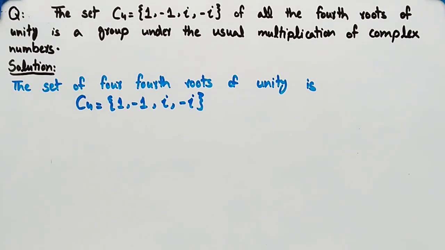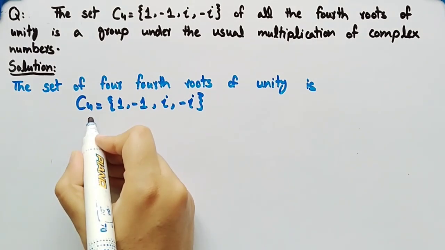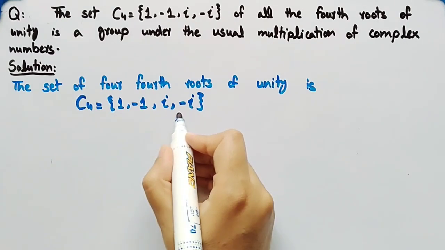We have to show that C4 forms a group. To prove that it forms a group, we will show that it satisfies all the four axioms of a group.